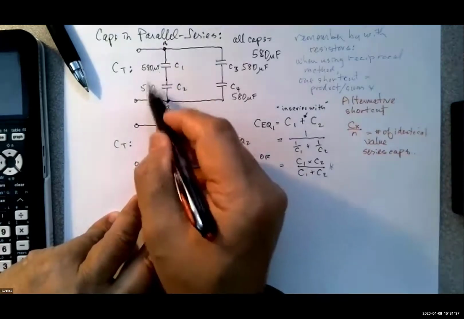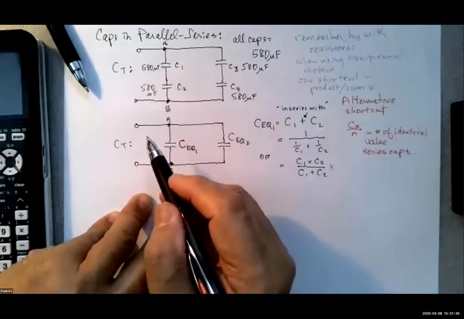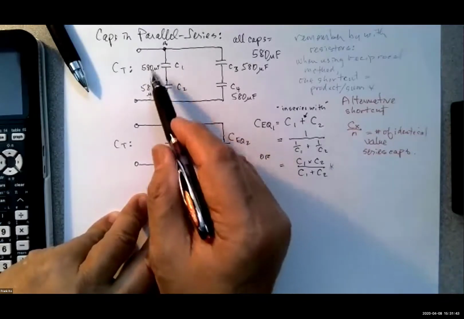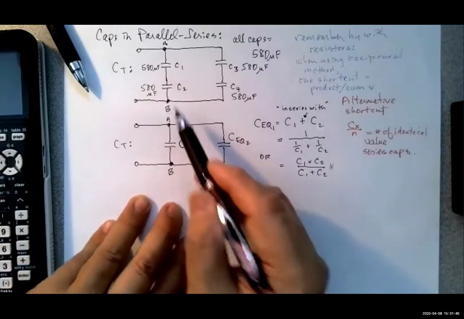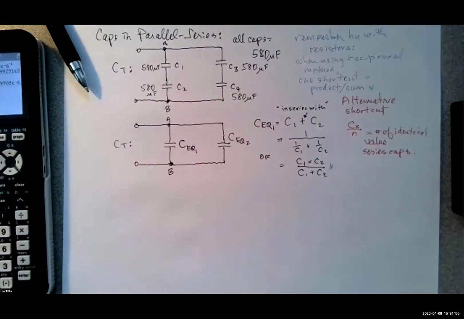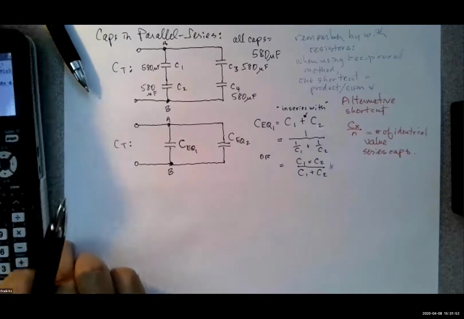So do I have identical series caps in here? Yeah. And the value's given as 580. And how many do I have in series? I have 2 in series. So what does 580 divided by 2? Isn't that 290?